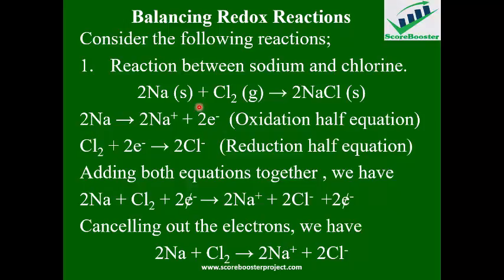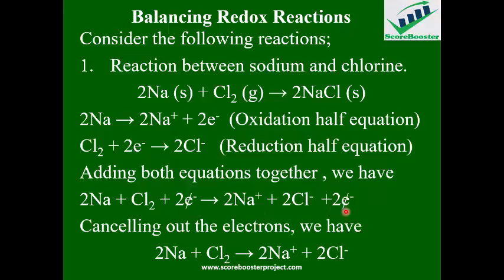For information, the electron lost by sodium is what is gained by chlorine to become chloride. And we have established that losing electron is oxidation, gaining electron is reduction. So now we add both equations together. Then we look at if something is not balanced. If it's balanced, then we cancel out the electrons.